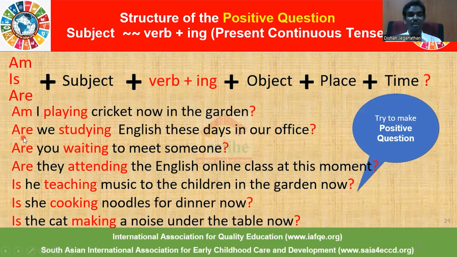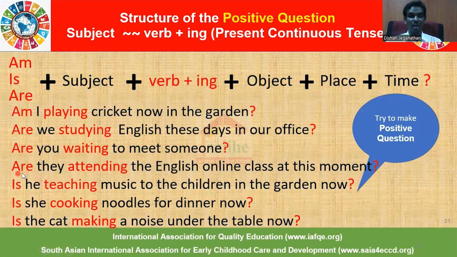The question begins with are, followed by the subject we, and verb plus ing is studying, object English, these days in our office refers to the place and time. Are you waiting to meet someone? The question begins with are, followed by you, which is the subject of this question, verb wait plus ing, waiting to meet someone.